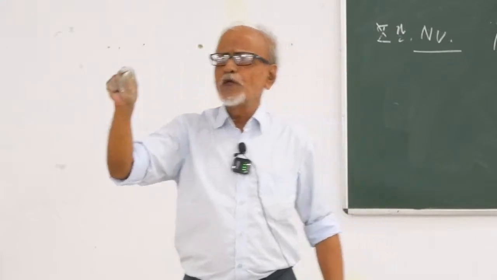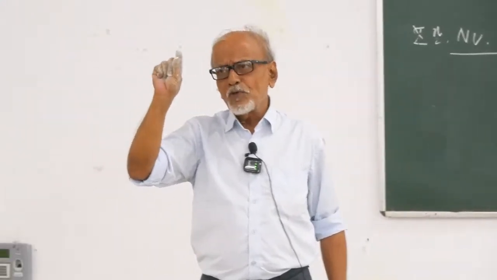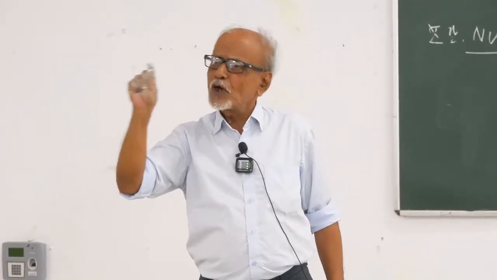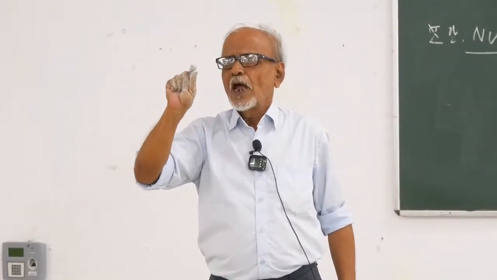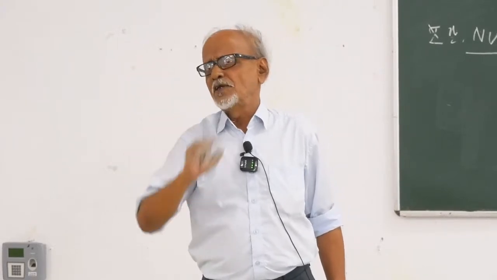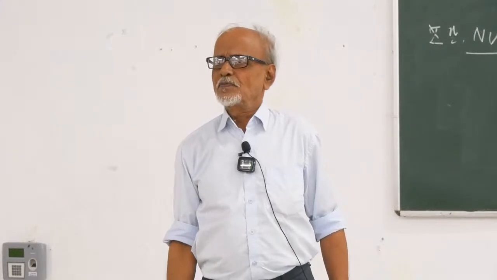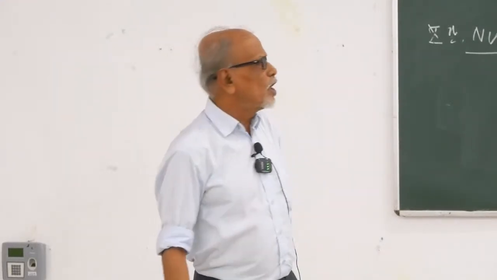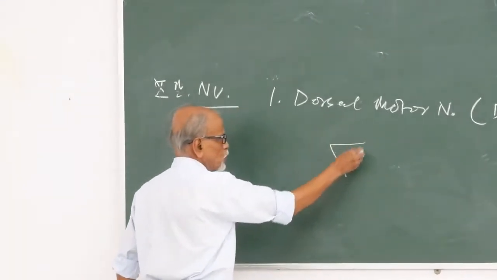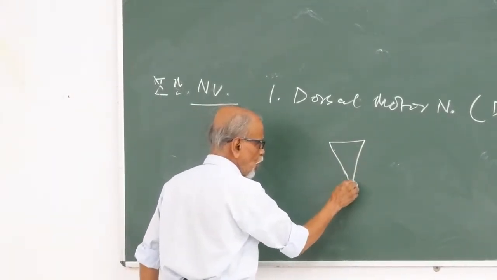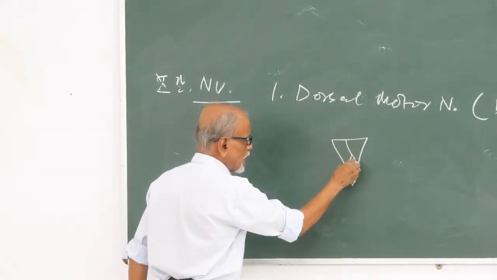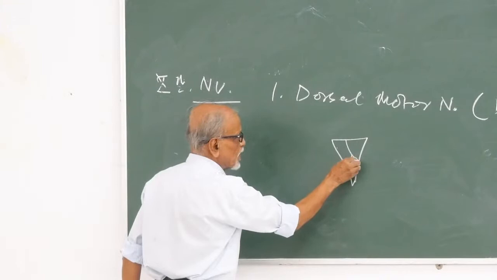To represent the nucleus, there is a feature in the floor of the fourth ventricle, in the caudal part of the rhomboid fossa. একটা ছোট্ট জায়গা আছে ট্রায়াঙ্গুলার, নাম হচ্ছে ভেগাল ট্রায়াঙ্গেল। ভেগাল ট্রায়াঙ্গেল, বুঝেছো? ইন দ্য কডাল পার্ট অফ দ্য ফ্লোর অফ দ্য রম্বয়েড ফসা। রম্বয়েড ফসার কডাল পার্টের ফ্লোরটা যদি এরকম হয়, এরকম যদি হয়, এখানে আমরা একটা এরকম ট্রায়াঙ্গেল দেখব, আবার একটা এরকম ট্রায়াঙ্গেল দেখতে পেতে পারি, বুঝেছো?